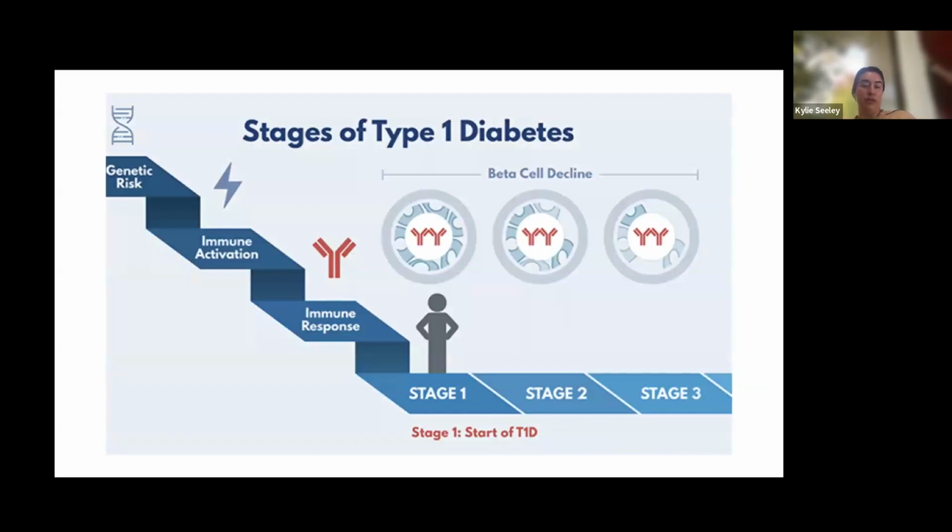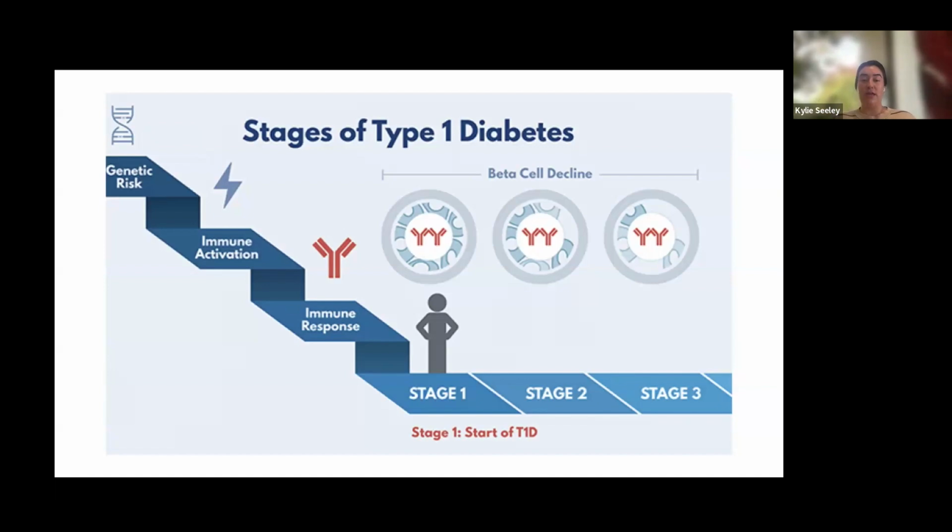And so a common question that we get is why this happens. And the answer is really quite complex. People with diabetes inherit a genetic risk, similar to how we inherit other diseases like high blood pressure, for example. But during the course of our lives, something in the environment can trigger our immune system to activate against the beta cells in our pancreas.